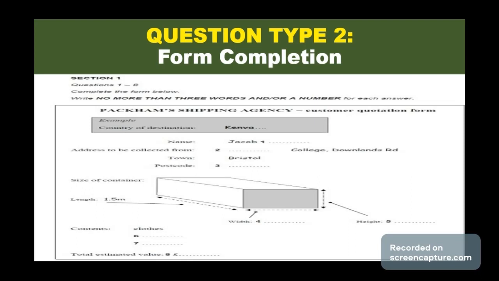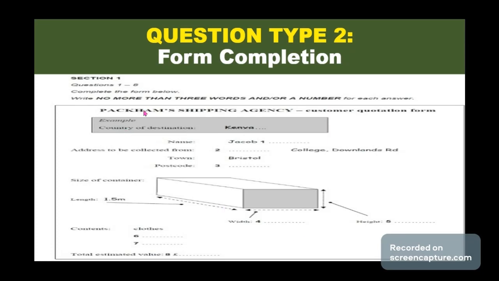You should be able to look at the different questions coupled with other pieces of information included in the form, and that will help you to predict what kind of answer is required. Now, let's take a closer look at this before we listen to the audio.